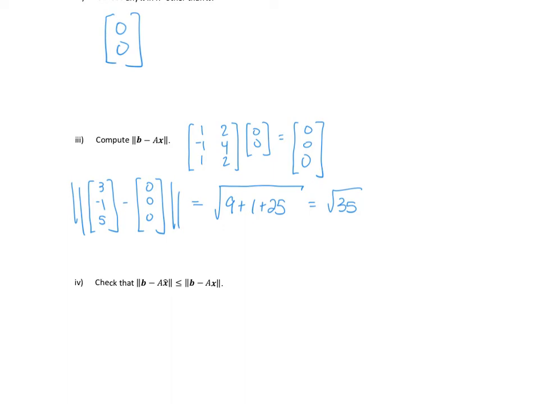So yes, square root of 2 is smaller than square root of 35. And no matter your choice here, this inequality should hold, because x hat, 3.5, that is the best you can do. That's the x hat that gets A times it as close as possible to B. So the distance between the two is as small as possible.